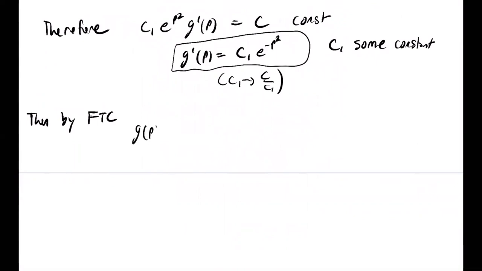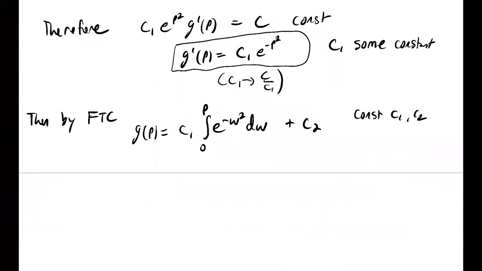So g of p is equal to some constant c1 times the integral from 0 to p of e to the minus w squared dw, where w is just my dummy variable, plus some other constant c2. So those are constants.